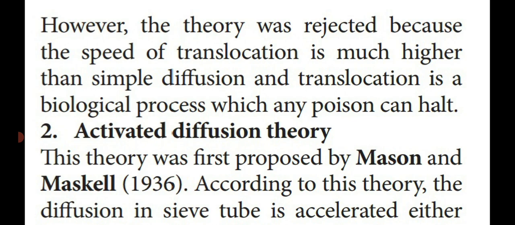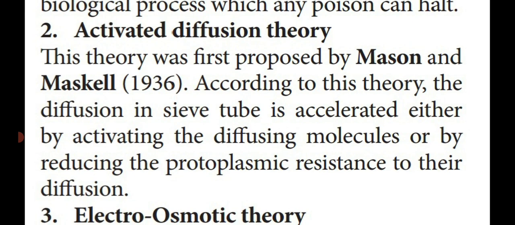So in some regions the food materials are stored and modified into toxic substances, so this theory was rejected. Next theory is activated diffusion theory, proposed by two scientists, Mason and Maskell, in the year 1936.